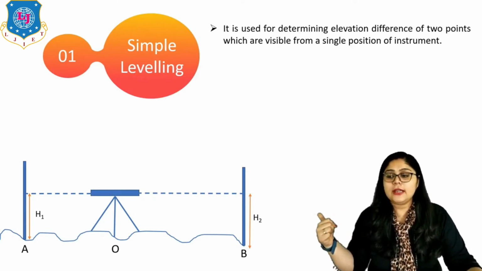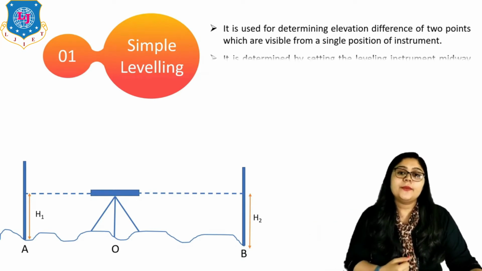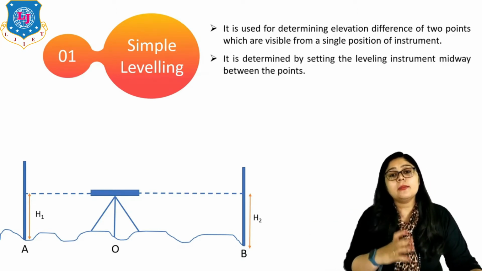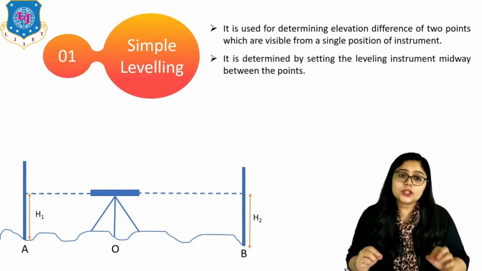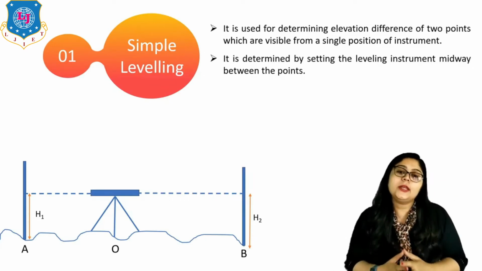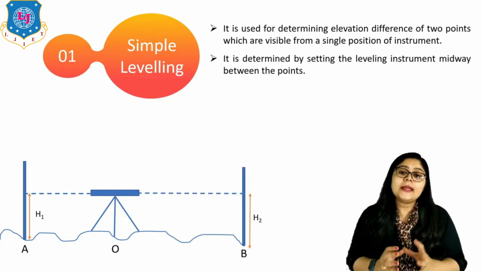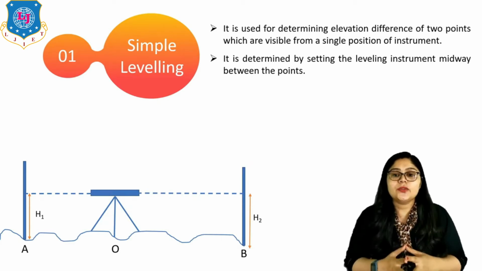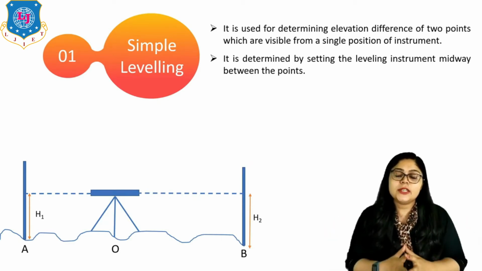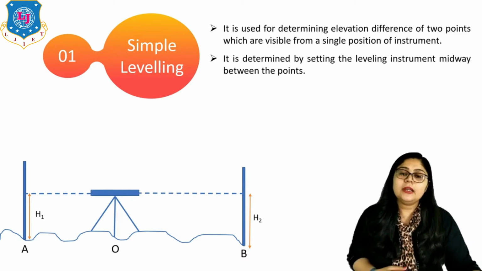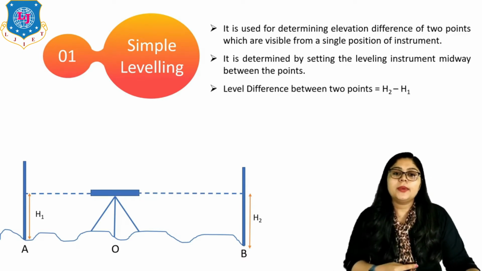Here it is station A and station B, right? Again, it is determined by setting the leveling instrument midway between the points, because it is very easy to adjust in such a way so that all the points are visible or at equal distance, right? So that is known as the simple leveling.